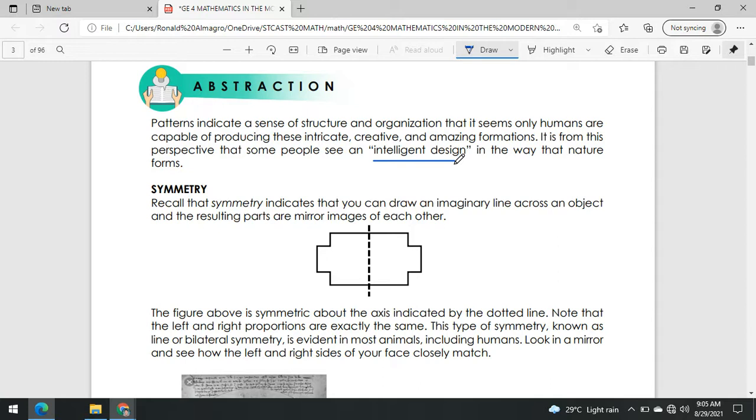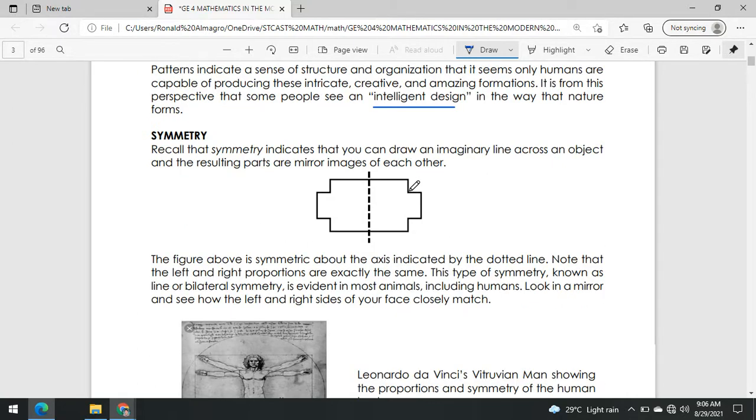As you can see, the web has a pattern. So that would be the intelligent design made by God.